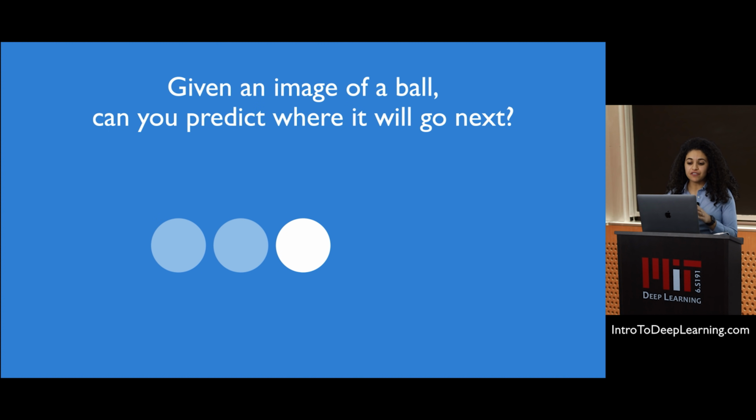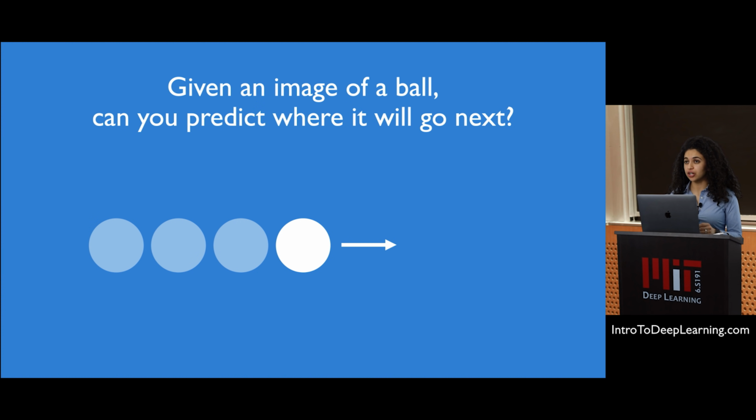But instead, if in addition to the current location of the ball, I also gave you its previous locations, now our problem becomes much easier. And I think we can all agree that we have a sense of where the ball is going to travel to next.